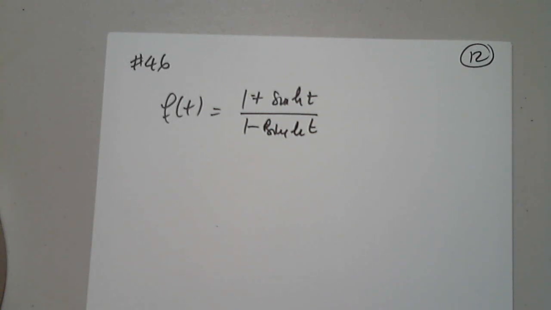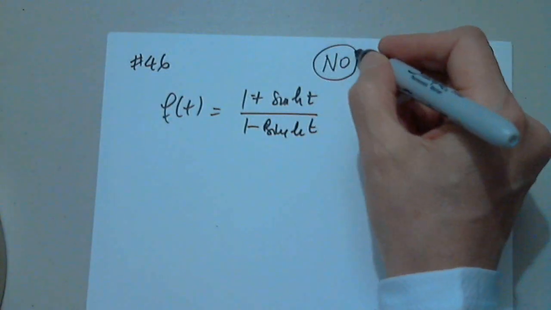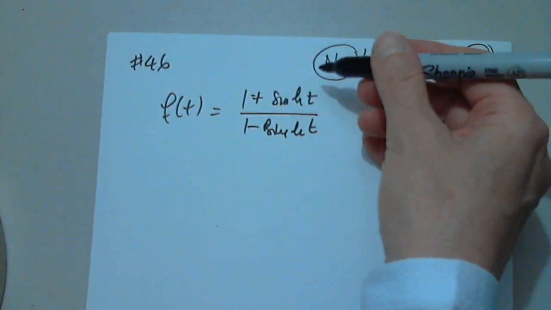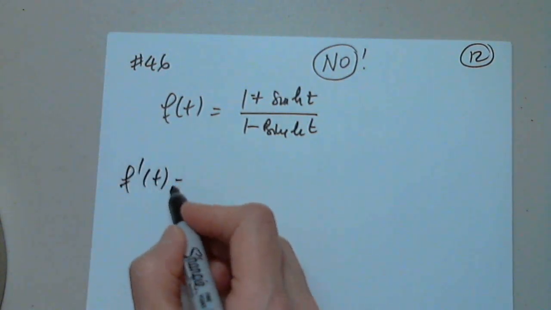Because I always want to, but it's not always possible. What do you think? Thank you for your silence. No, you're correct. We can never simplify this. We only want to determine f prime of t.